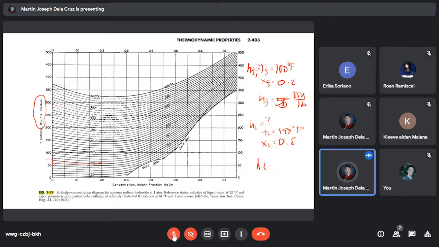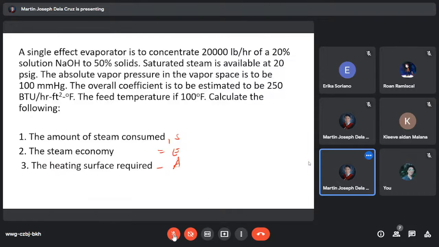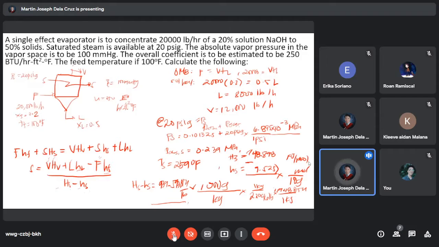HL now is 220. So, BTU per pound. Sabi ko sa inyo, medyo mahaba-haba tong solution. Itong with boiling point rise. So, as long as you know this formula, alam nyo kung saan kukunin si HL, saan kukunin si HF, saan kukunin si HV or H prime V, makukuha nyo yung answer class.